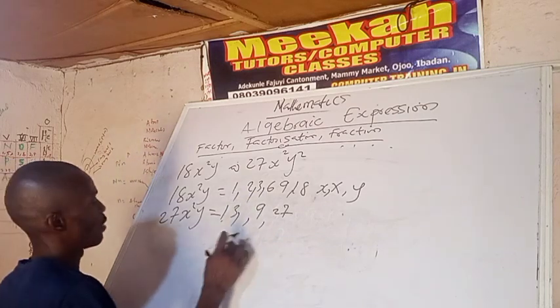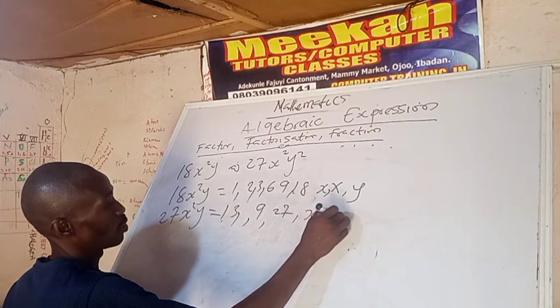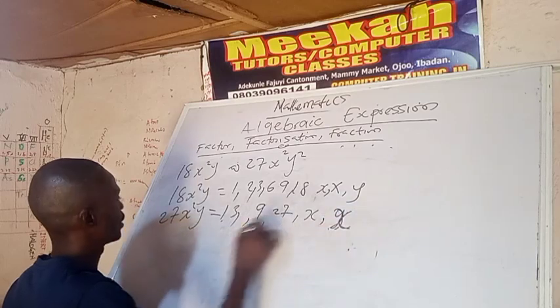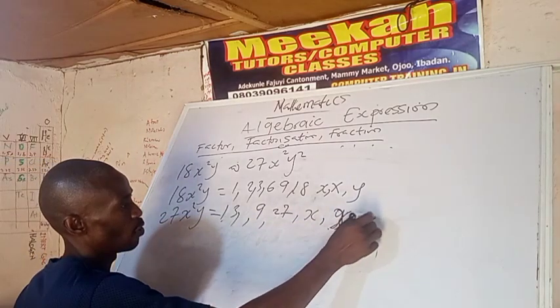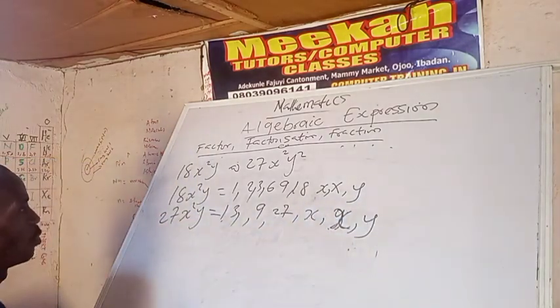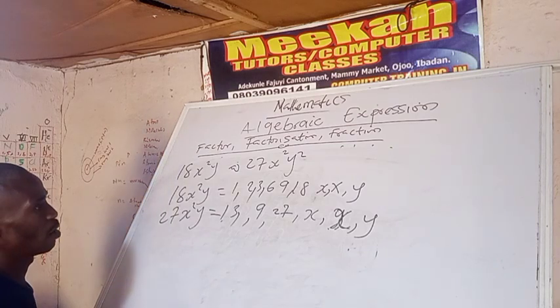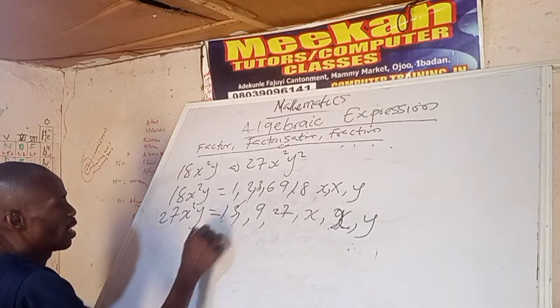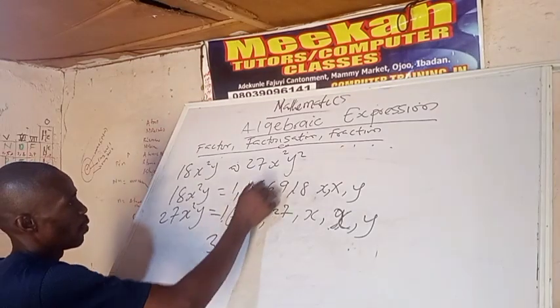And the next one here, you have x, and you have x, x, and you also have y. So what are the things that appear up and down? Of course, look at it here, 3 appears up and down.